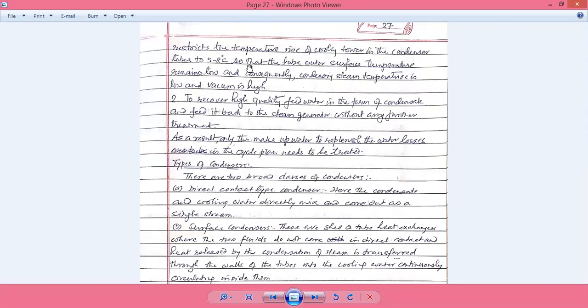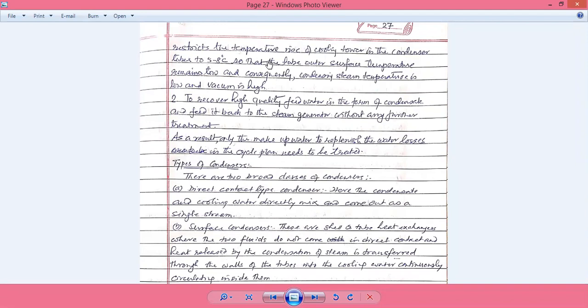This restricts the temperature rise of the cooling water in the condenser tubes to 5 to 8 degrees centigrade, so that the tube outer surface temperature remains low, and consequently the condensing steam temperature remains low and the vacuum remains high.